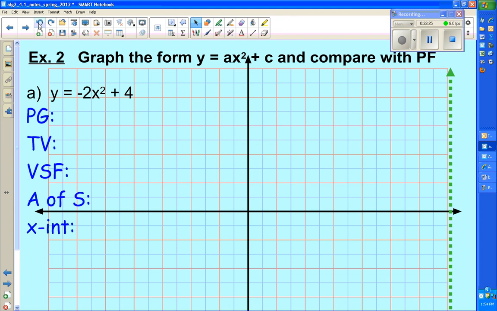So the parent graph is y equals x squared. If b is 0, the opposite of b over 2a is going to be the opposite of 0 over 2 times, in this case, negative 2. When b is 0, the x-coordinate of your vertex will always be 0.